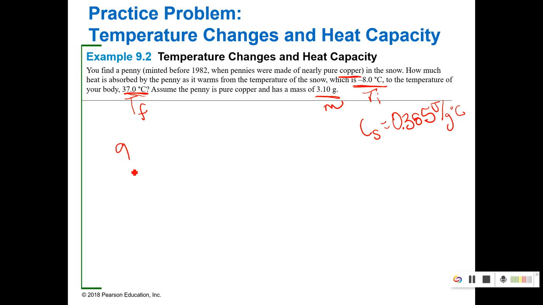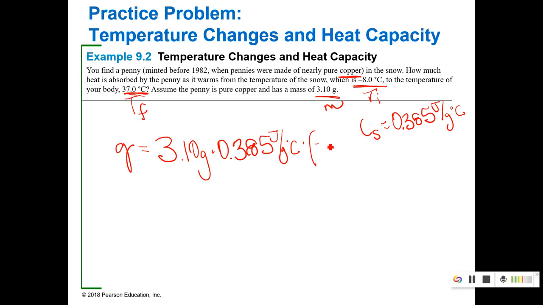All right, so I have Q is equal to m, 3.10 grams, times specific heat capacity, 0.385 joules per gram degrees Celsius, times 37 degrees minus -8 degrees. Sorry, that was flipped.